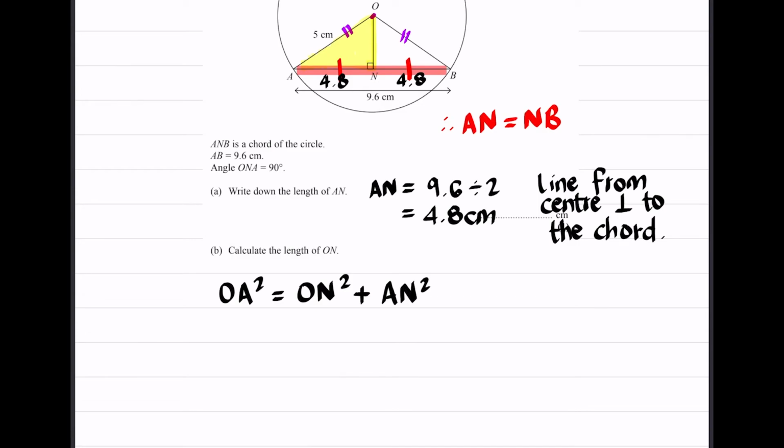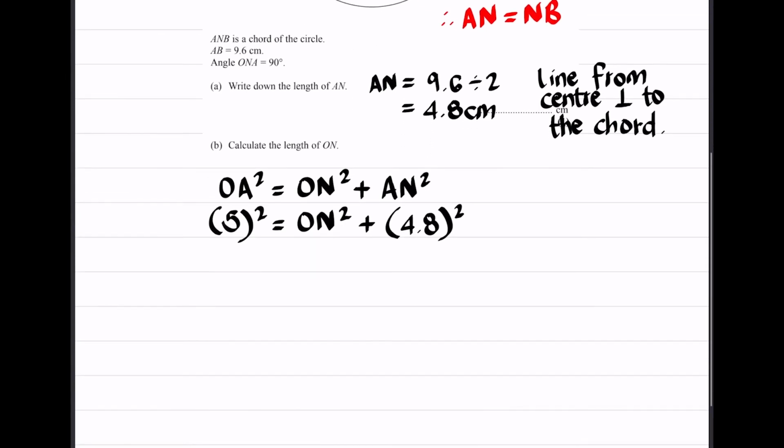So 5 squared is equal to ON squared plus AN squared, where AN is 4.8 from the previous question. So 5 squared being 25 is equal to ON squared plus 4.8 squared, which is 23.04.